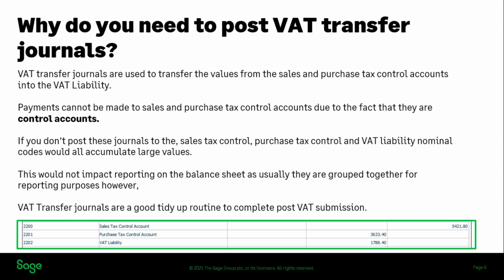So those three figures are actually combined together. So when you run your balance sheet, the figure would be exactly the same, whether they were transferred or not. Okay, so it's more of a tidy up routine for your actual nominal codes, but it has no reporting impacts normally. So what we say is it's normally a bit of a tidy up routine.